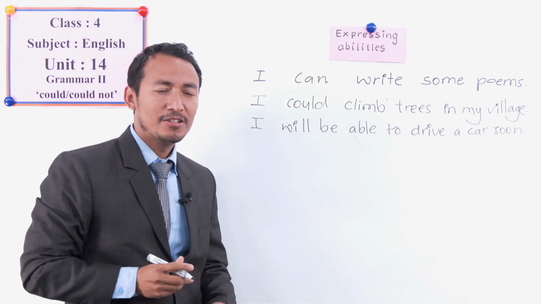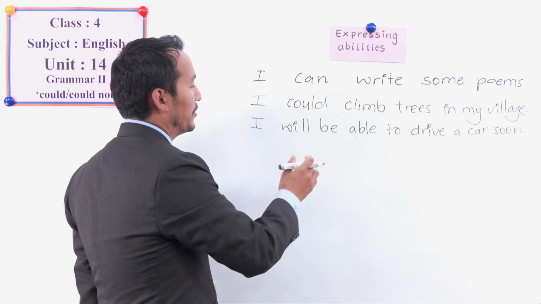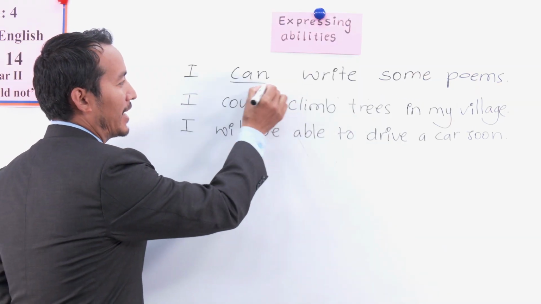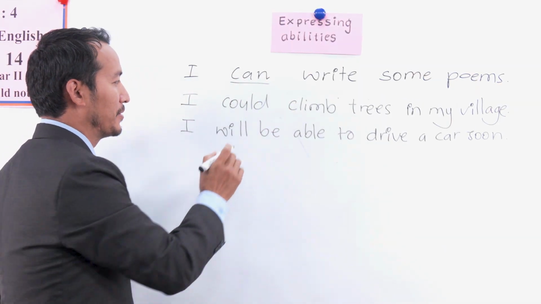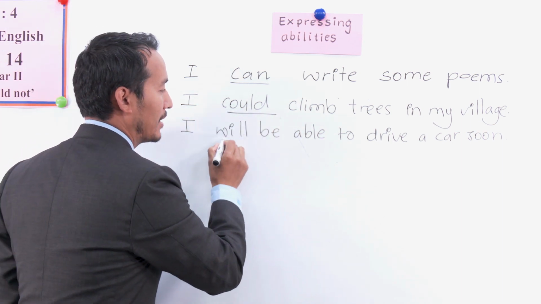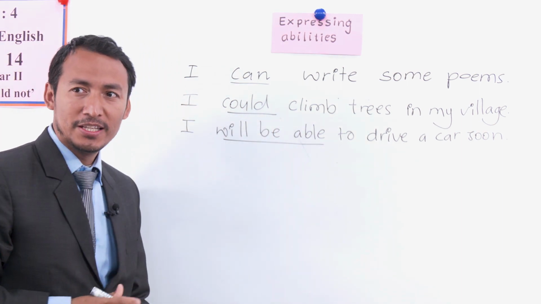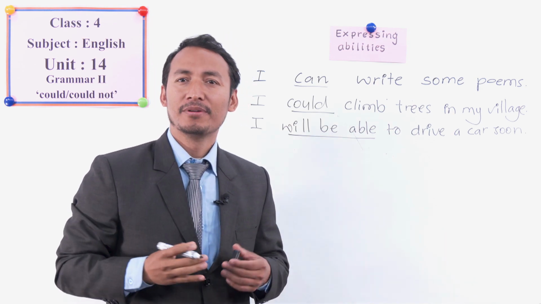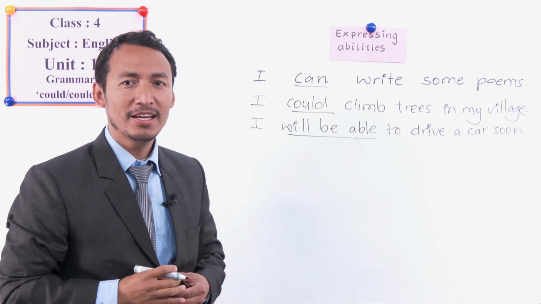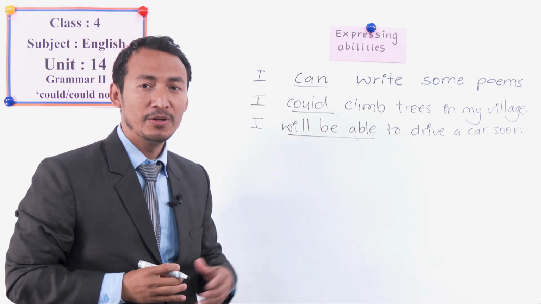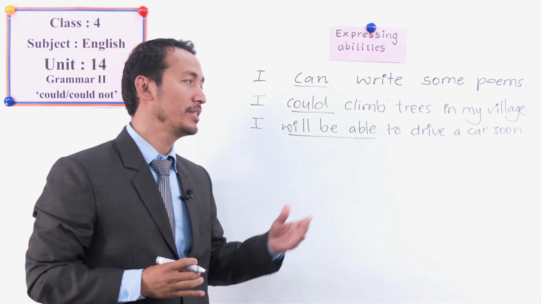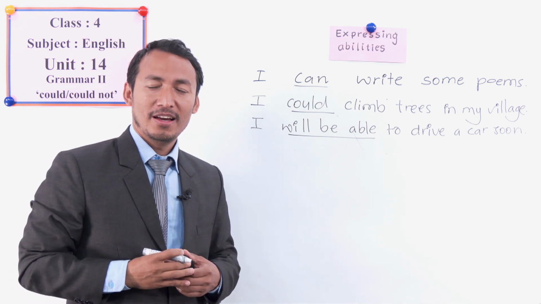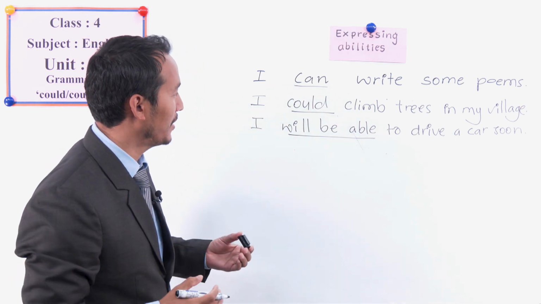Okay students, here we are going to talk about mainly three things: use of can, use of could, and will be able to. These all are the forms for expressing our abilities. So when do we use can, and when do we use could, and why do we need be able to? Let's talk about it.